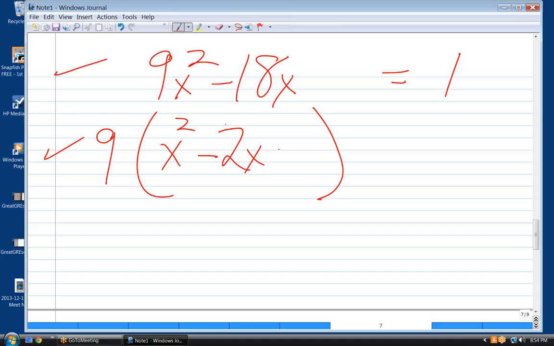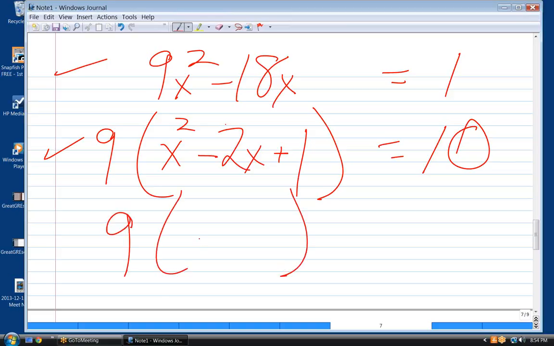Okay, now this is always plus. What number do I need to write in there? 1. What have I just added to the left side? 9. I'm going to add 9 to the right side. Now I've got the same thing. Now I can write this in parentheses always as x minus whatever half of that was, quantity squared, equals 10.